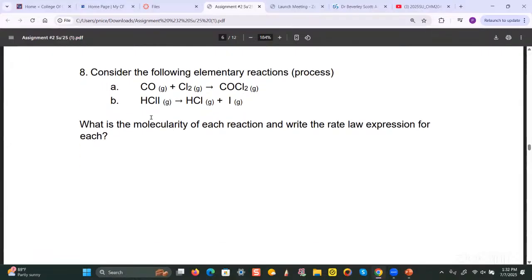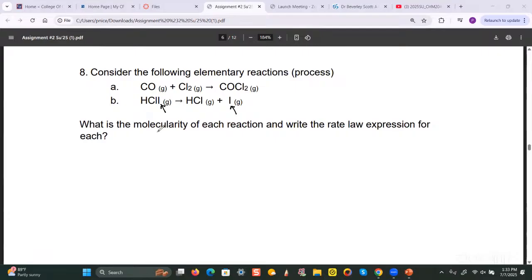It says consider the following elementary reactions, and it gives you these. Let me clarify, because I couldn't distinguish clearly between these two letters: this is HCl, and this is HClI.